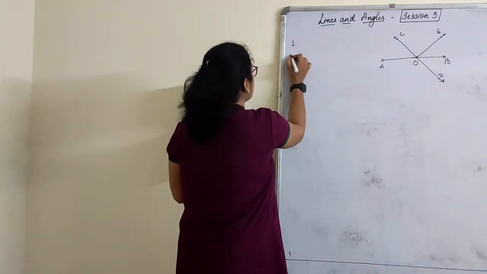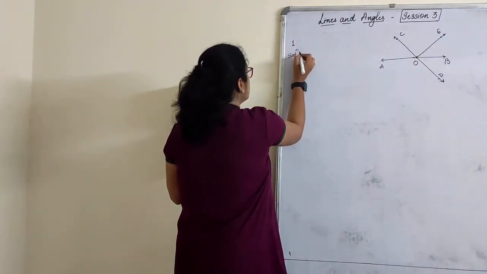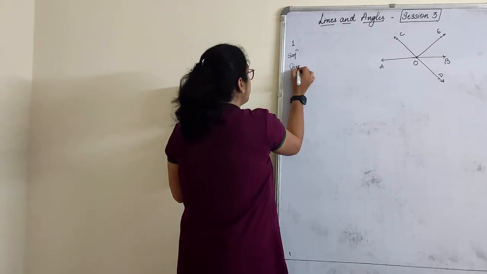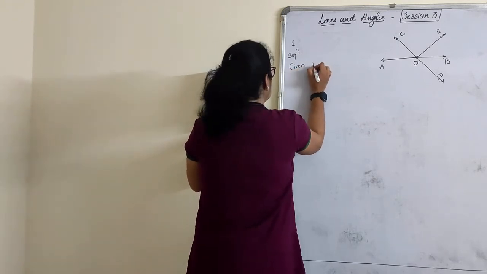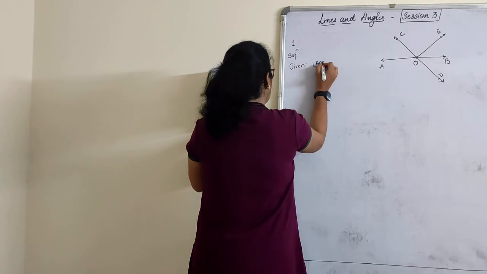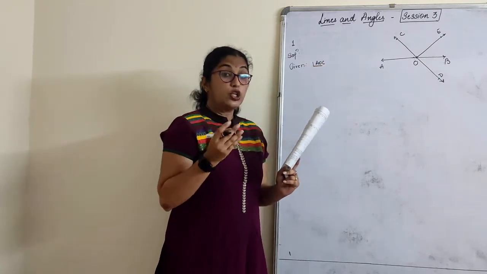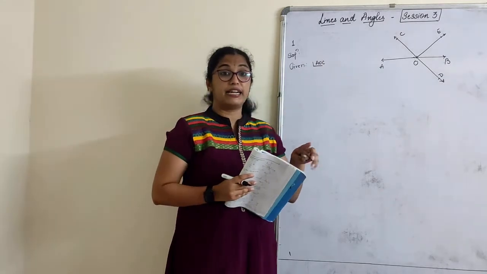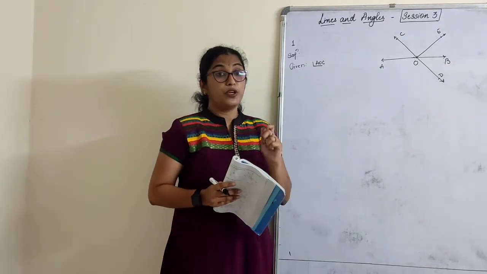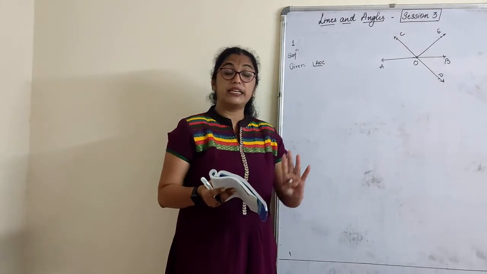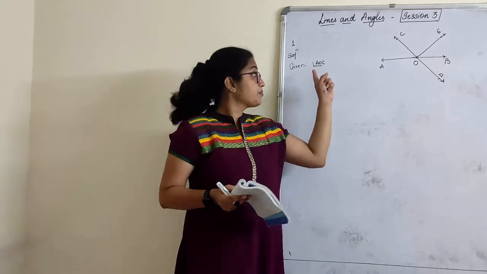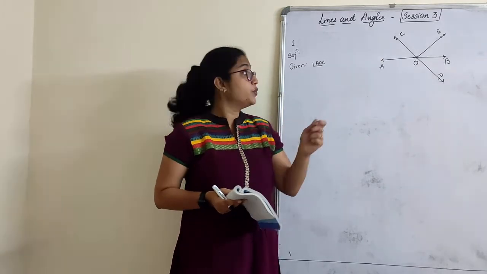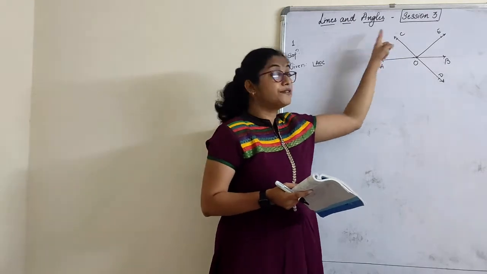Now, in the solution, what they have given is angle AOC. Children, 'given' is written for everything, but 'to prove' and 'proof' we only use if they have given something as 'prove that', where numericals are not involved, only the reading of the angles.